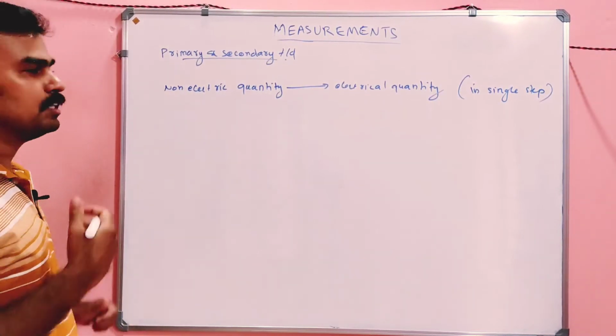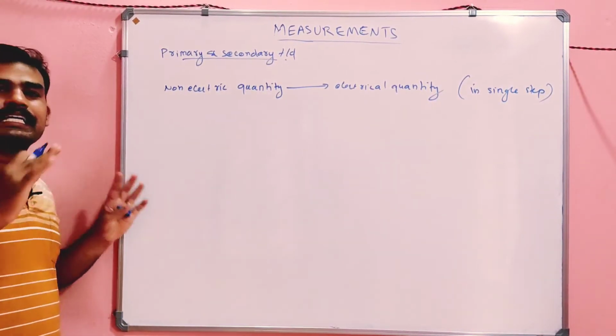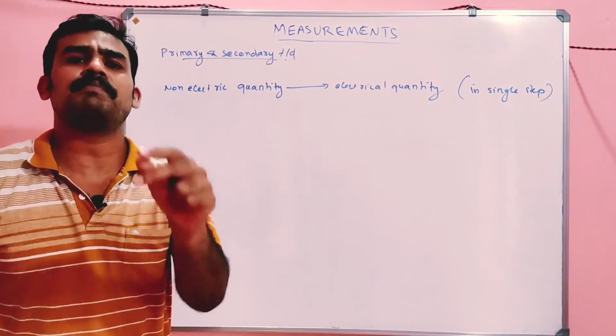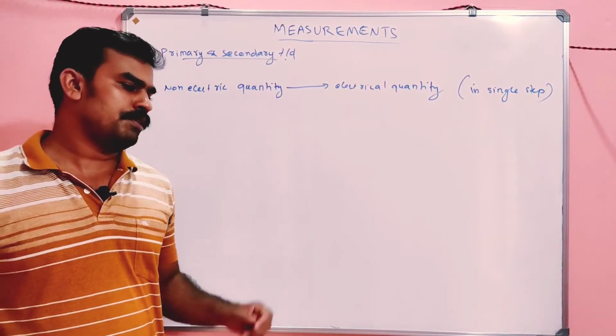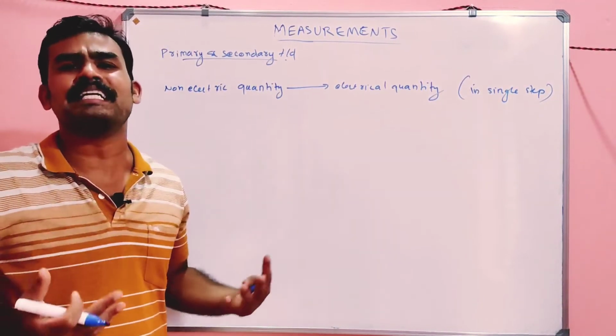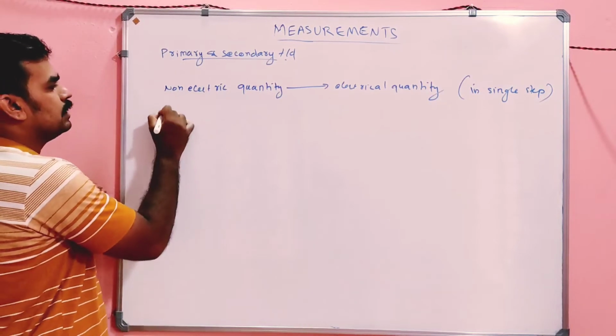That means there are no intermediate steps. It directly converts the non-electrical quantity to electrical. For example, PV cell. If you apply sunlight, it will definitely produce the output voltage. There is no intermediate stage at all, right? So example, PV cell.